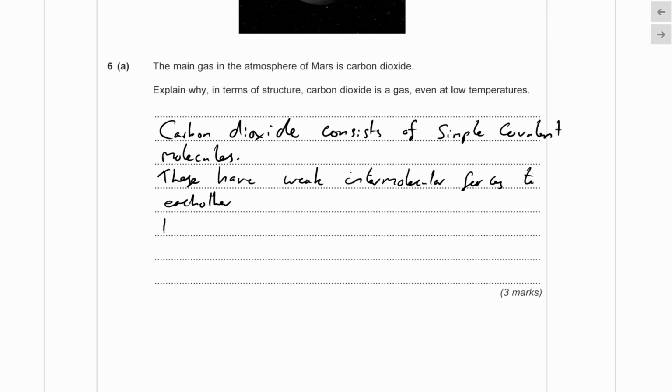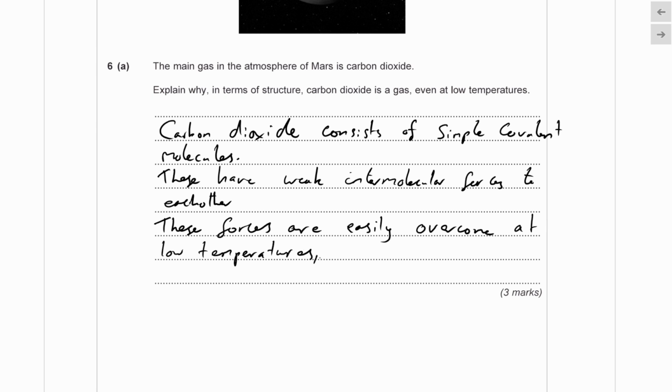Alright, these forces are easily overcome at low temperatures. Oh, that's terrible. Low temperatures.